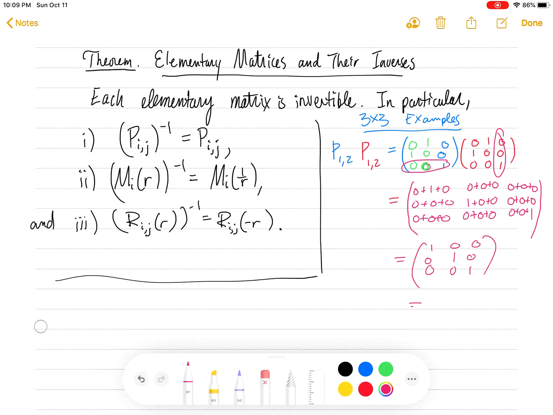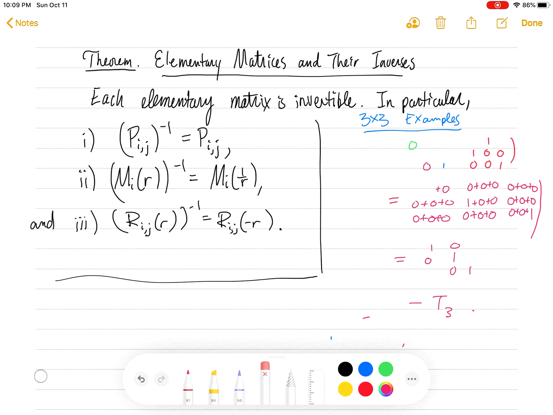And the third row with the third column: 0 plus 0 plus 1 times 1 is 1. Let's write that down: 1, 0, 0, 0, 1, 0, 0, 0, 1. That's the identity I3. So that means P12's inverse is the matrix we had to multiply it by to get I3, so P12's inverse is P12. That's what we expect.